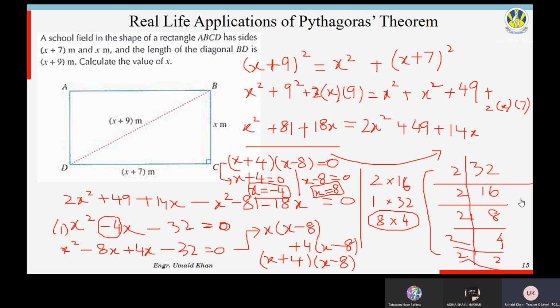Yes, I am saying that we get two values of x when we solve the equation. So should we consider both? Discard one value. I think we should only keep one value as the answer of x. So which value of x will be considered? Minus 4 or 8?